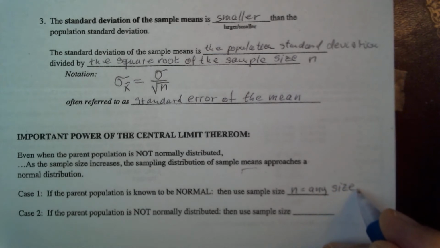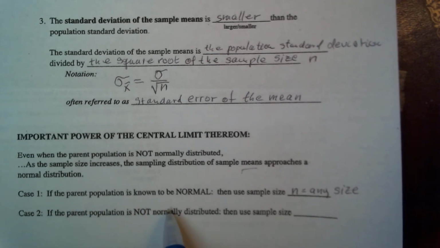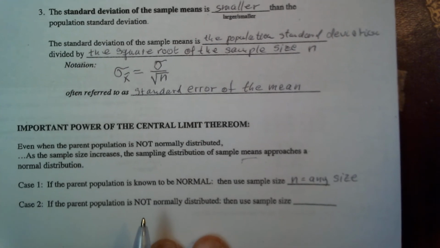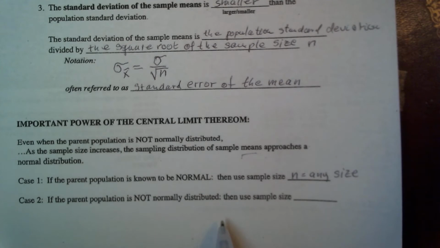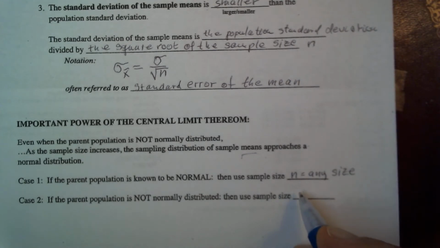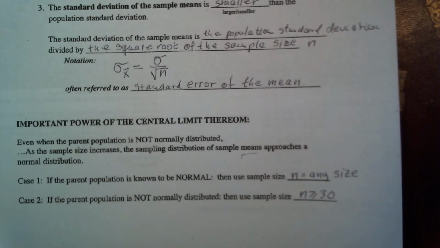Because then we just talk about a normally distributed population. Okay? But if the parent population is not normally distributed, then use a sample size of n greater than or equal to 30. In other words, if we use sample sizes of n greater than or equal to 30, it doesn't matter if the parent population is normally distributed or not.